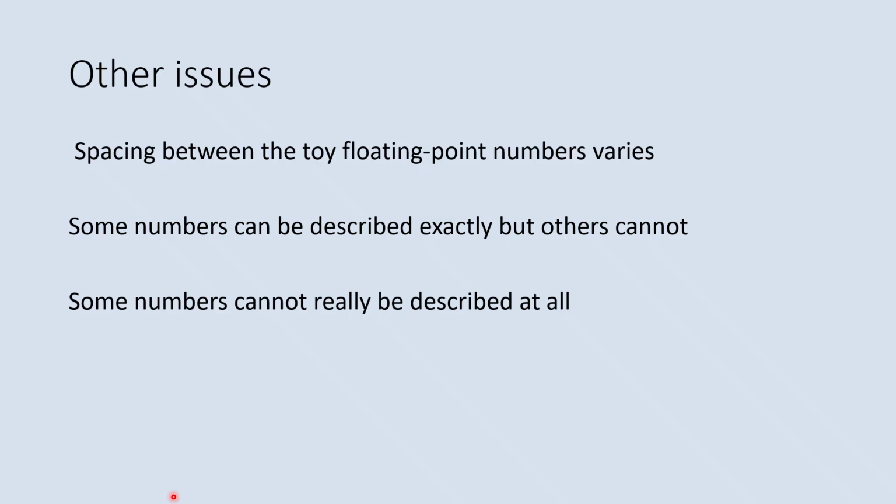And so in this simplified toy representation, we can't describe those numbers at all. And that same problem will carry over into the IEEE floating point representations, that some numbers can't be described at all. They're outside the range, and we'll talk about that.